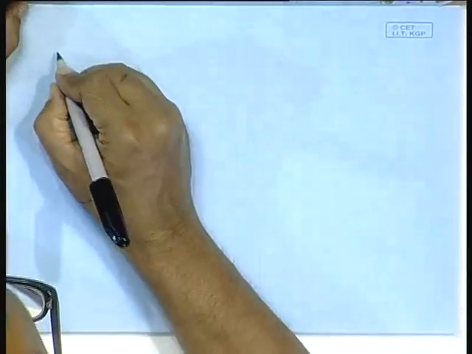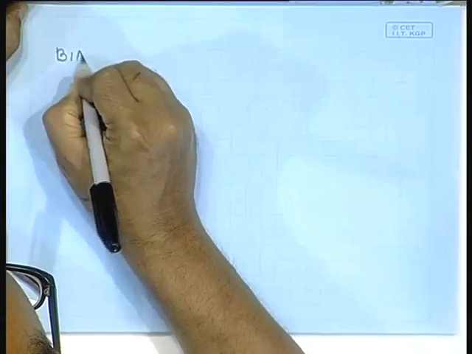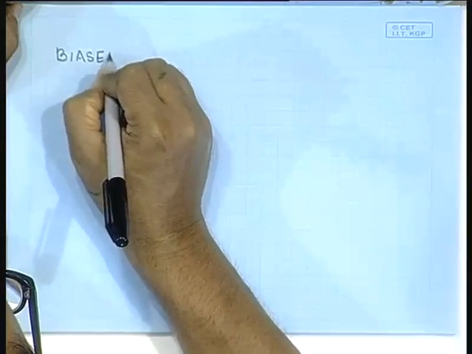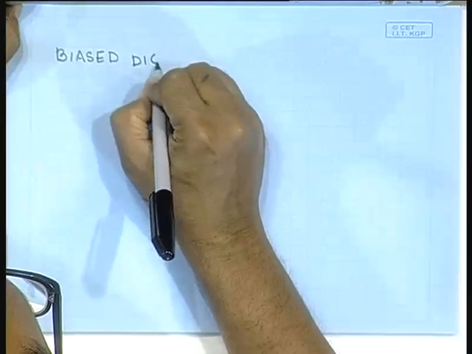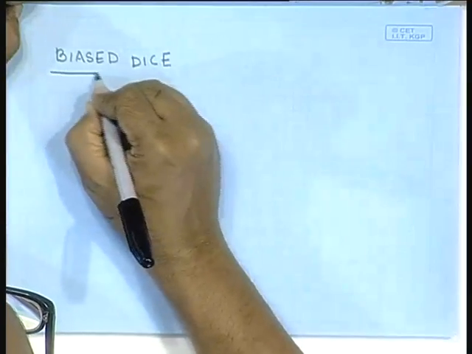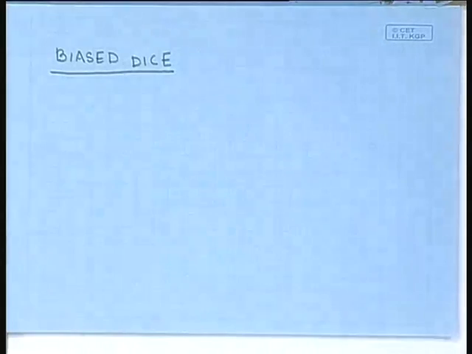Now, let me consider next a biased dice. What do I mean by a biased dice? In this case, what I mean by a biased dice is a dice which has been designed in such a way, which has been manipulated in such a way that it still has 6 sides, but whenever I throw it, I will either get 3 or 4 as the outcome.